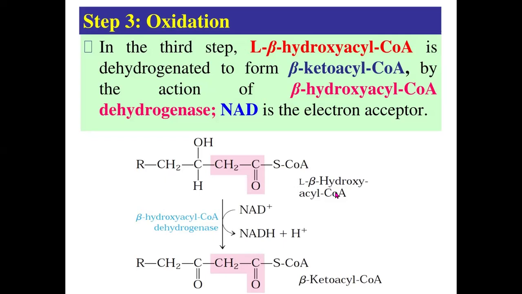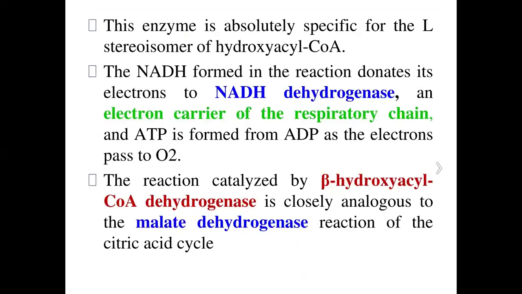So we have L-beta hydroxyacyl-CoA, which is catalyzed by beta hydroxyacyl-CoA dehydrogenase using NAD plus as our electron acceptor to give us NADH plus H, and we now have beta-ketoacyl-CoA.